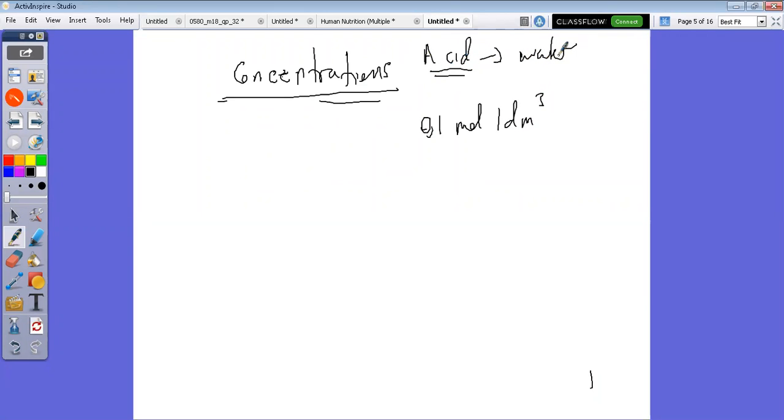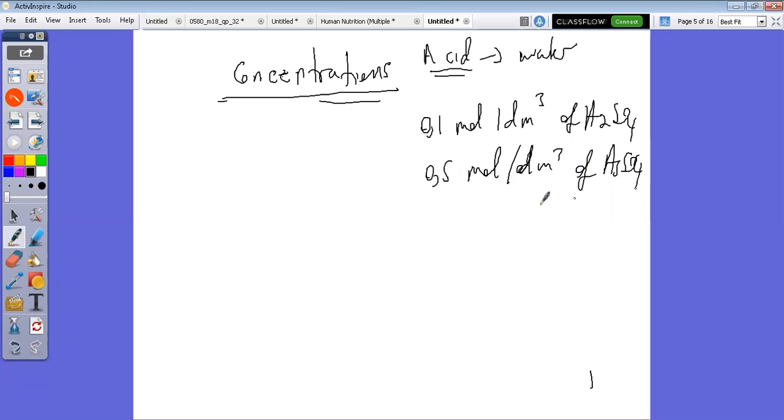Are we together? So we talk of concentrations of acids in water. If I say 0.2 moles of sulfuric acid, we want to use this as an example. Then let's say I have 0.5 moles per cubic decimeter of sulfuric acid. Then I have 10 moles per cubic decimeter of sulfuric acid.